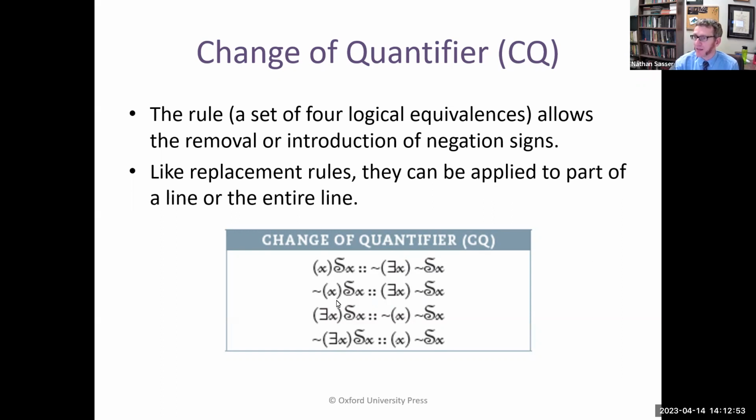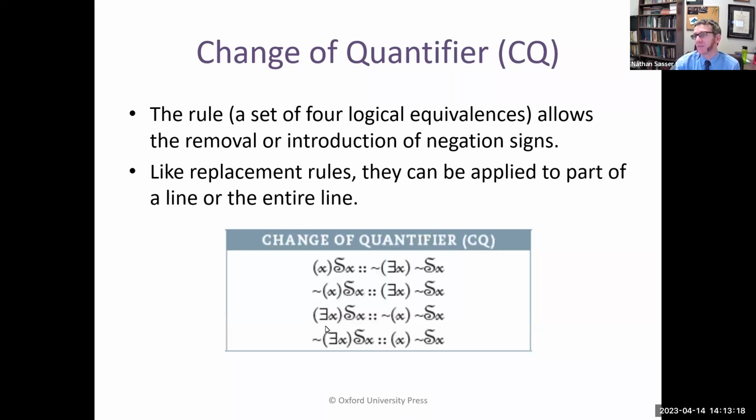All right, think about the next one. This says if it's false that all x are s, then it's true that there's some x that's not s, and vice versa. If there's something that's not s, then it's false that all x are s. Look at line 3. If it's true that some x is s, then it's false that for all x, they're not s.